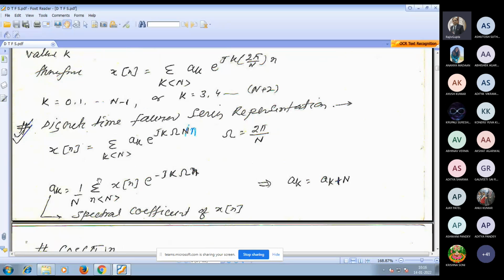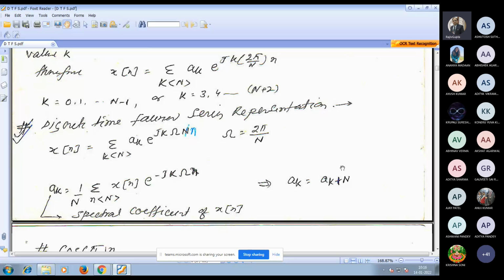Now how will you find a_k? a_k you can find by 1 by capital N times the summation over n indexing of capital N of x[n] e to the power minus j k omega naught n.